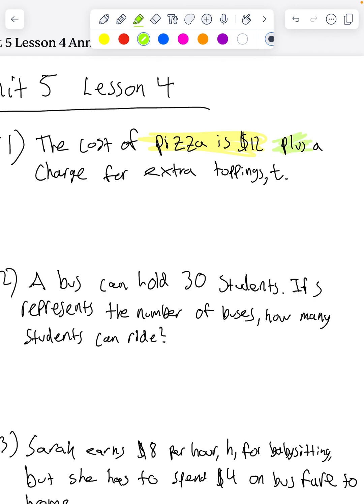It uses the word plus, so I'm automatically thinking addition, extra toppings, and then we have the variable that's given to us in the letter T. So I'm going to go ahead and put this together and say the cost of a pizza is $12 plus the charge for extra toppings, which is T. Okay.